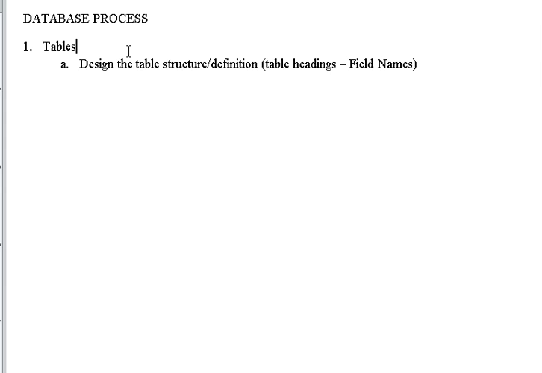So the first thing we need to do in a table is design the table structure or definition, which means we have to specify what our table headings are. In database, they're not called table headings, they're called field names.